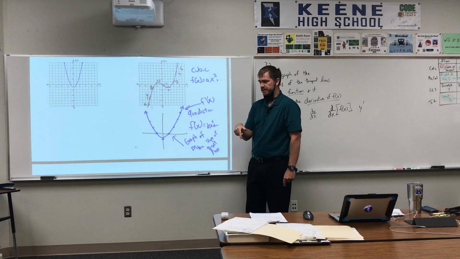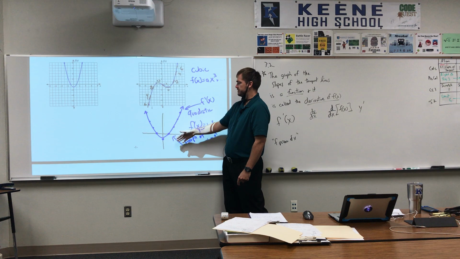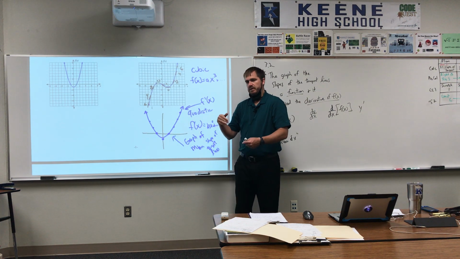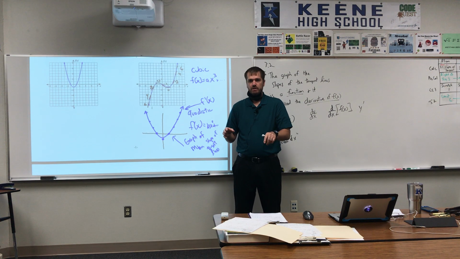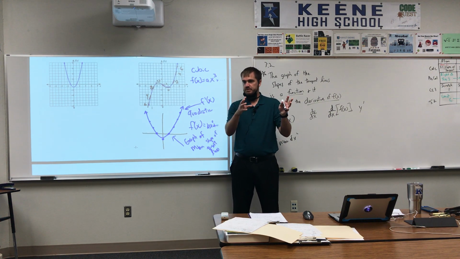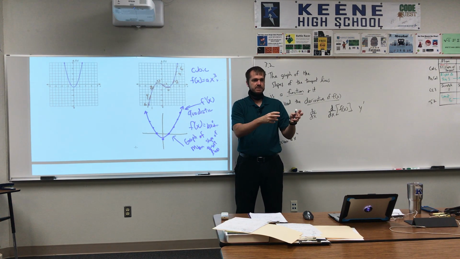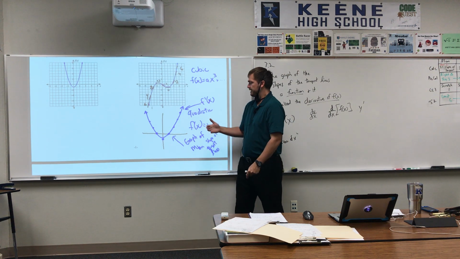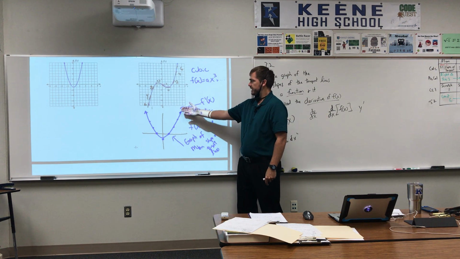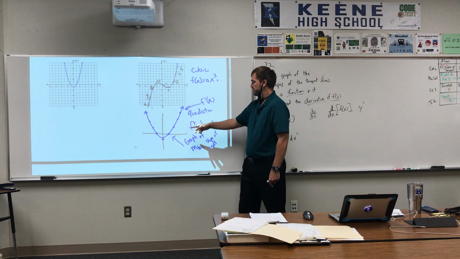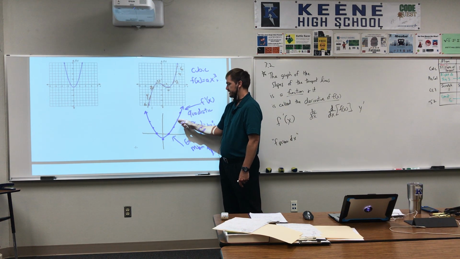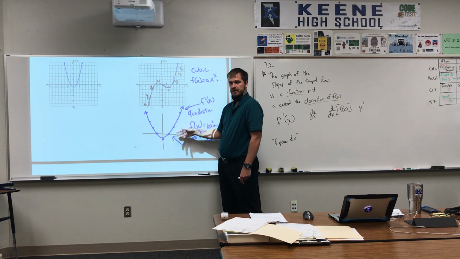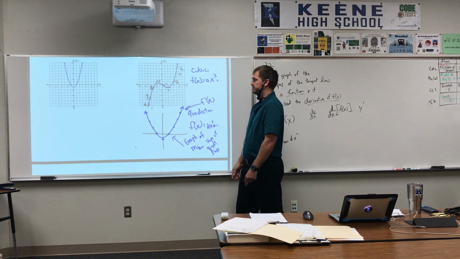The really neat thing is, remember how we found the slope of the tangent line the other day? We had to do the limit of the difference quotient, and all that crazy algebra. If I have this, then I can just ask, what's the slope at 4? Oh, looks like it's 8. I can just look at this graph and do things like that.